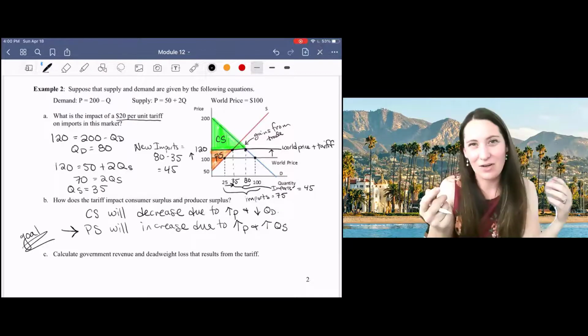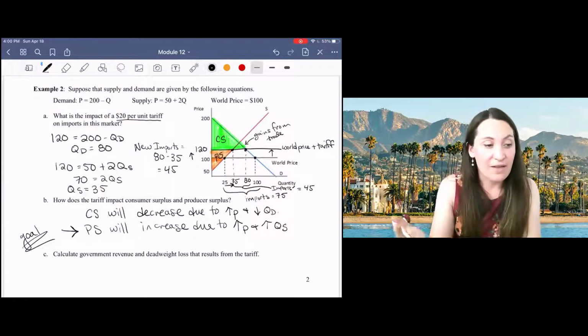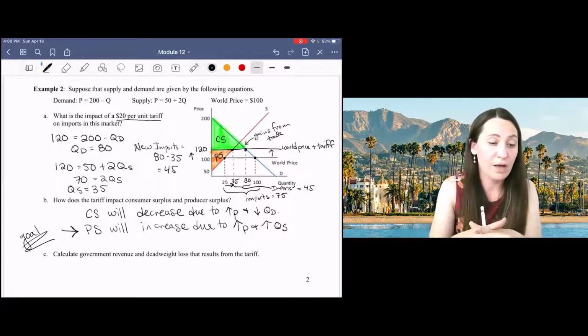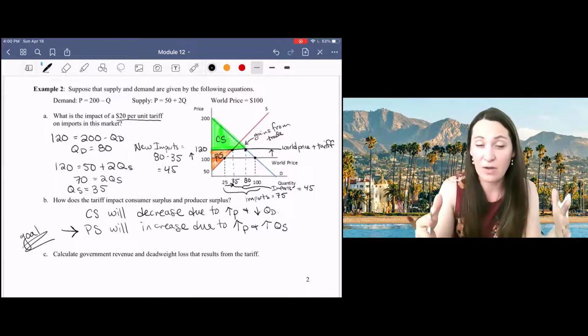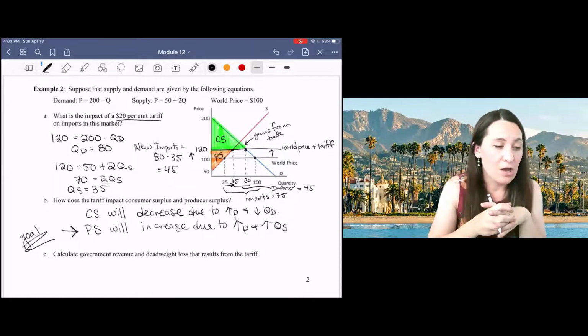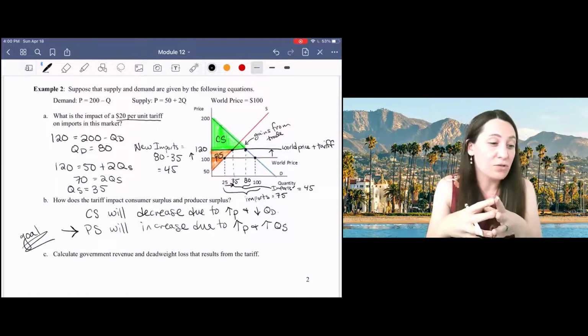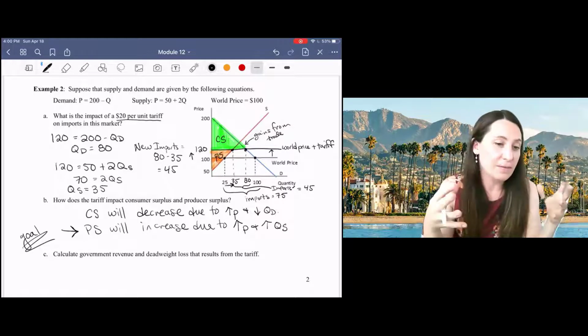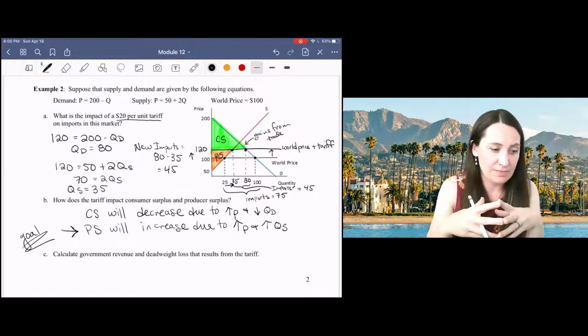Like we want to think about the costs and the benefits. So the benefit of this tariff is that it increases producer surplus. Perhaps our goal was to help declining manufacturers or people who work at those plants. But in order to do that, we have given up some consumer surplus.